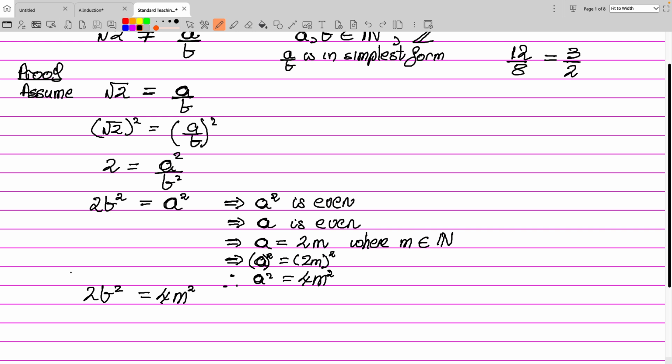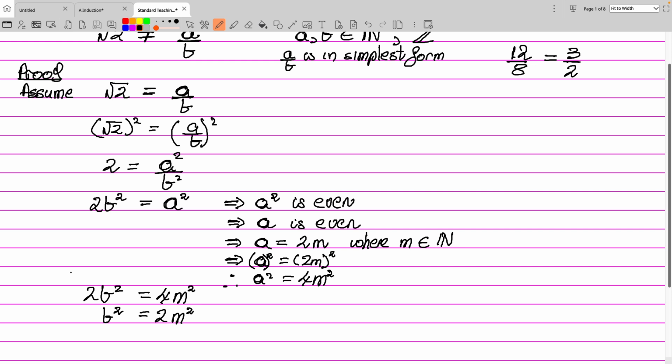Unusual for me, but true. No, not one. Every single line is mathematically correct. Oh, hang on a minute. 2b squared is equal to 4m squared. What can I now do? Divide across by 2. If I divide across by 2, I get b squared is equal to 2m squared.